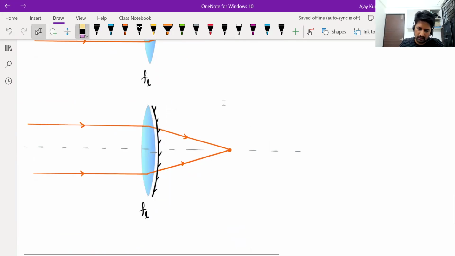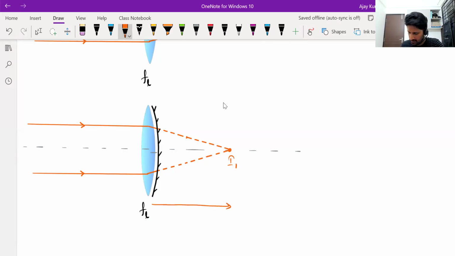Then these original rays which were traveling towards I1 become the incident rays for the mirror. And if those are the incident rays for the mirror, you can see they are converging rays. Therefore, this I1, which forms at a distance equal to FL, the focal length of the lens, becomes the object for the mirror.